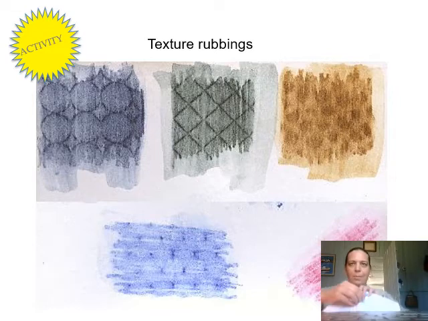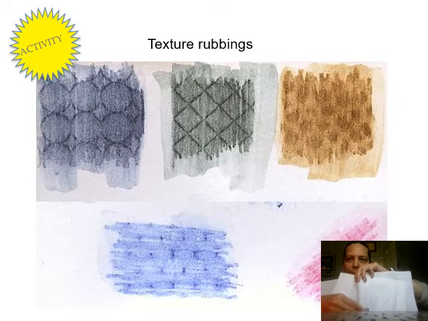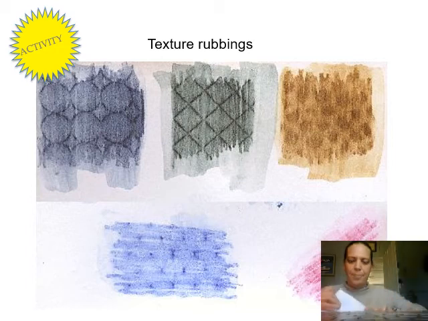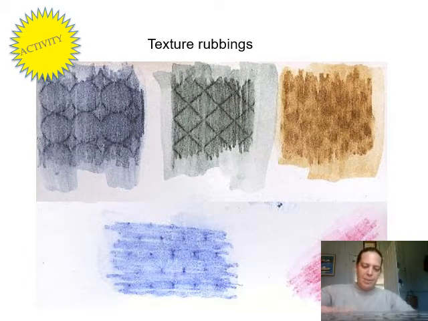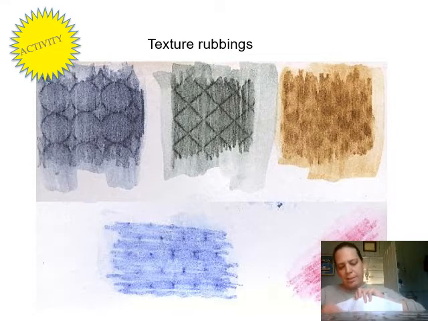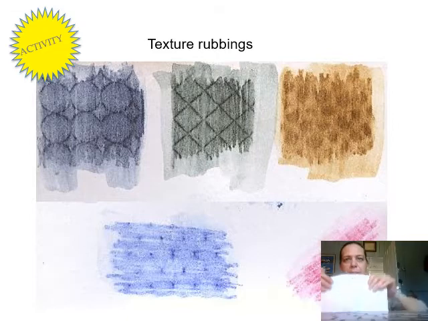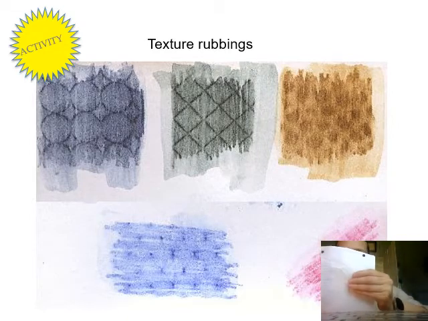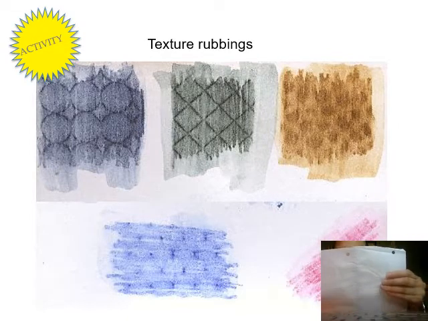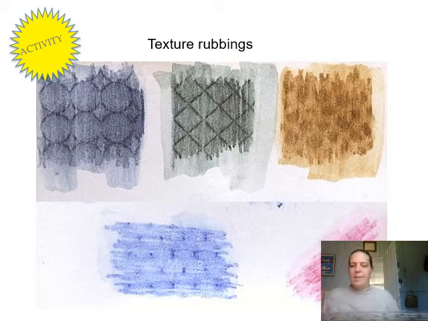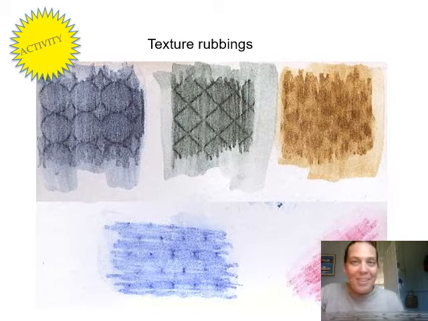Just rubbing my crayon on its texture. Here, let me get that on a white surface. Rubbing my crayon and getting a result. It's really fun to explore your space. See what you can find, what textures you can find around your house.